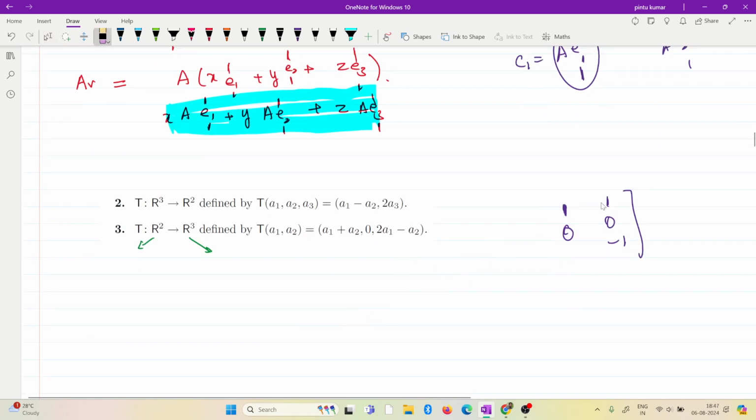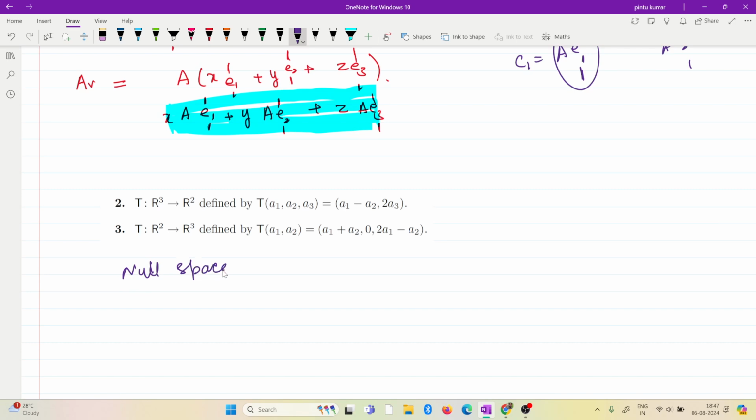So before calculating nullity, we need to understand what the null space and range space are. One thing you see: let's say for some vector v, T of v is 0.